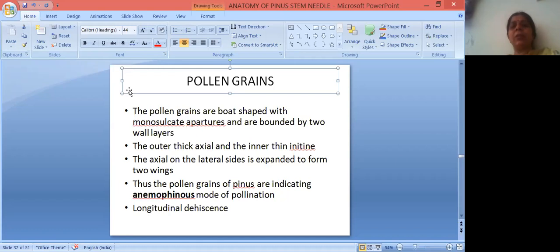Pinus pollen grains show adaptation for wind pollination, consisting of two wings. Wings are for flying. So anemophily is the very common method of pollination in Pinus. And the breakage of microsporangia is a longitudinal dehiscence. It splits longitudinally, in a straight manner.